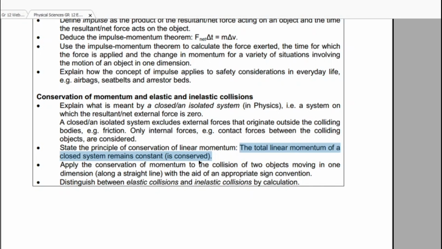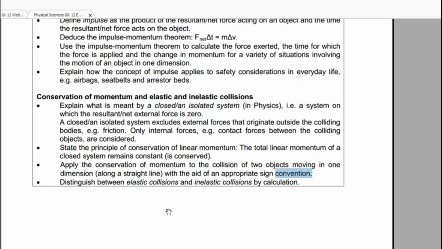Okay, so apply the conservation of momentum to the collision of two objects moving in one dimension along a straight line with the aid of appropriate sign convention. So when you are answering questions relating to linear momentum, or questions relating to the application of this principle of conservation of linear momentum, choose a direction, right?